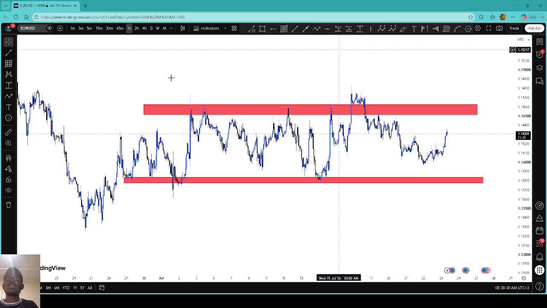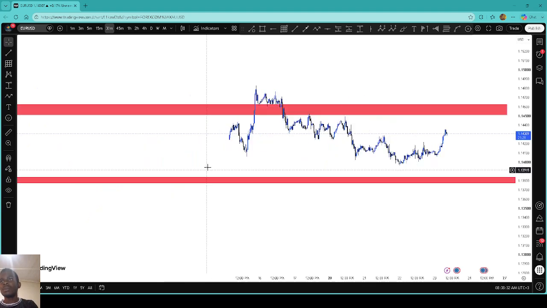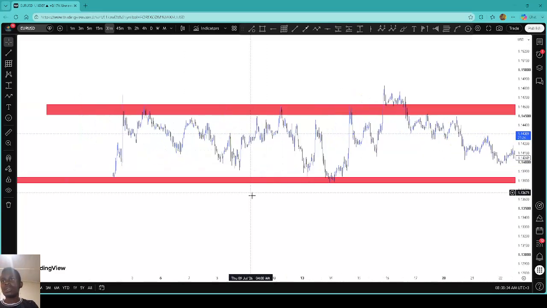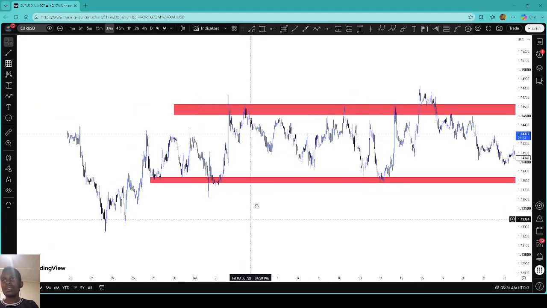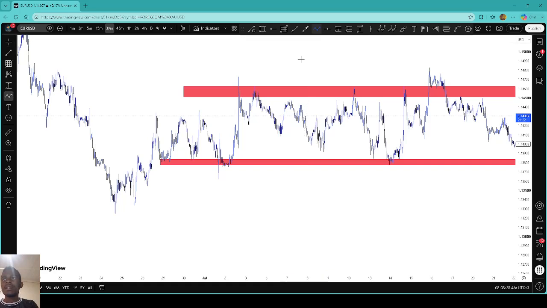But now let's look at it at a lower time frame. Maybe then we can get a visible area. Now this one is better. Now look at it in this manner. Price hits here, let's get a clear story.